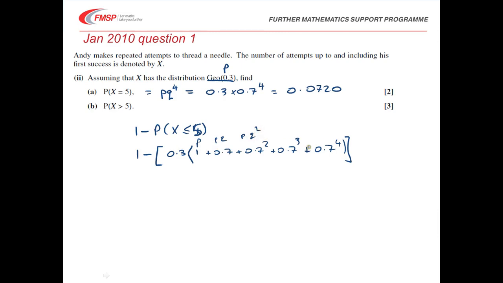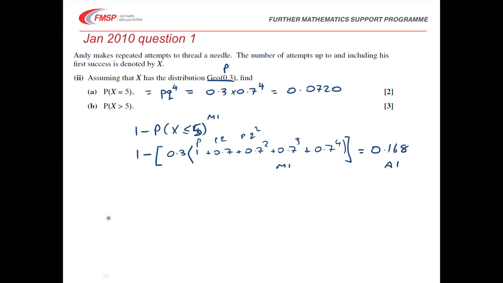So this is the calculating way of doing it. And if we work all of this out, that's going to give me 0.168. So you get 2 method marks. You get 1 method mark for swapping it round, you get 1 method mark for calculating, and then an accuracy mark for getting the correct answer.